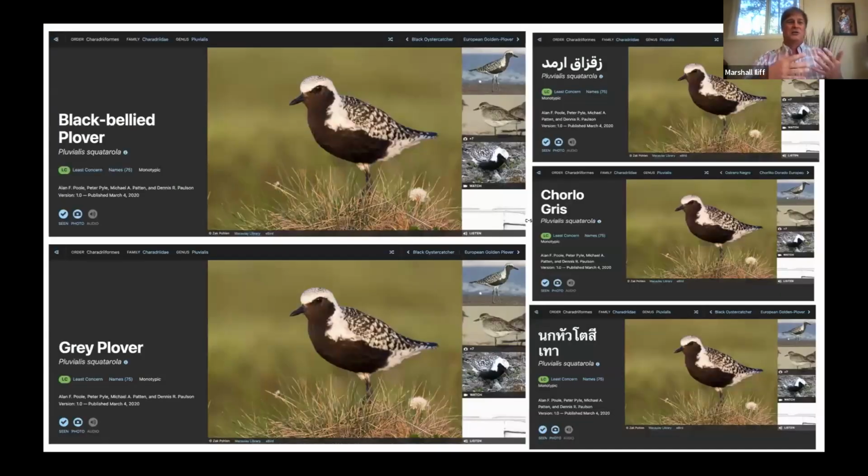The result in Birds of the World, if we switch to black-bellied plover: if you're from the UK and you have always known this bird as grey plover and you love Birds of the World, but the one thing you hate is that it forces black-bellied plover down your throat when you really prefer grey plover, you can actually make that switch. And the same is true if you speak Arabic at the top, Spanish in the middle, or Thai on the bottom there.